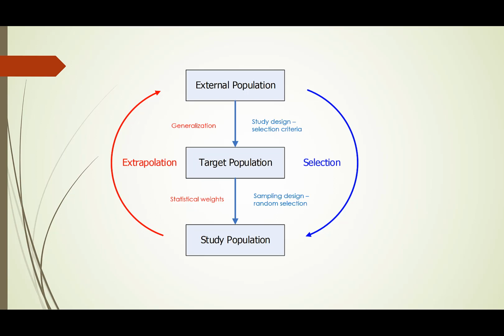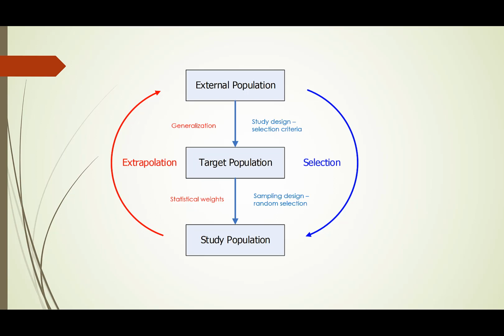So we use some kind of selection criteria to whittle that down to a target population. In this case, it's the 25 states, and goat producers with 5 or more goats. That's our selection criteria, and that gives us our target population. Then we take all those producers and put their names in that proverbial hat, and we select them out, and we get our study population. So we use sampling design to get down to our study population.